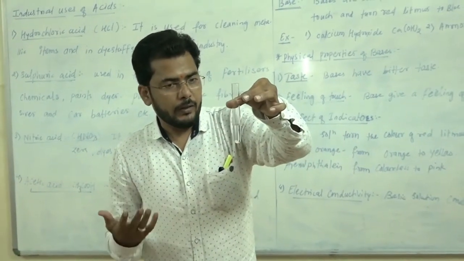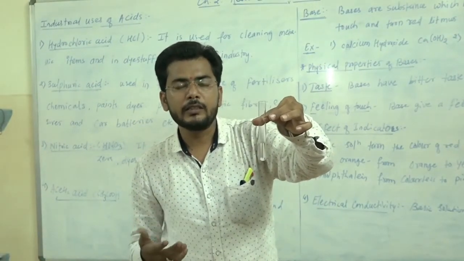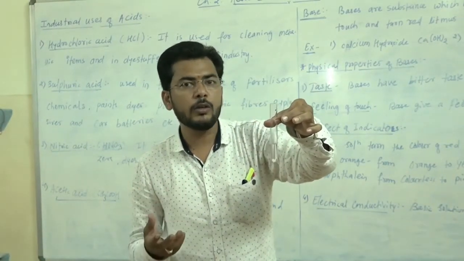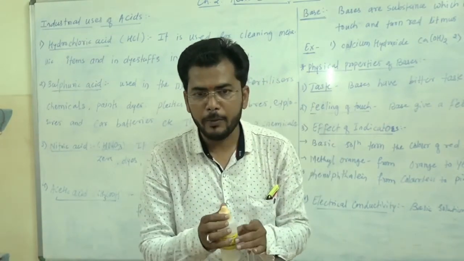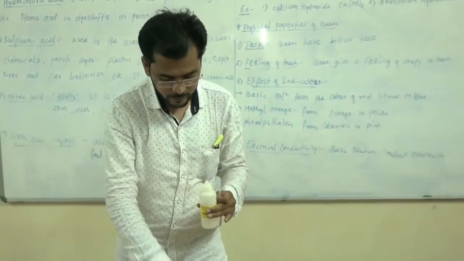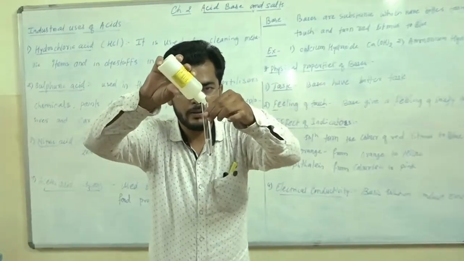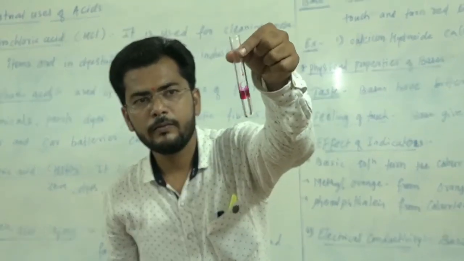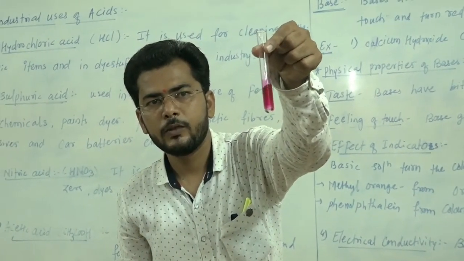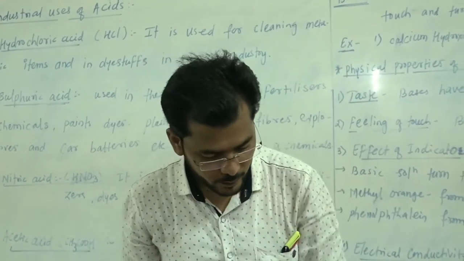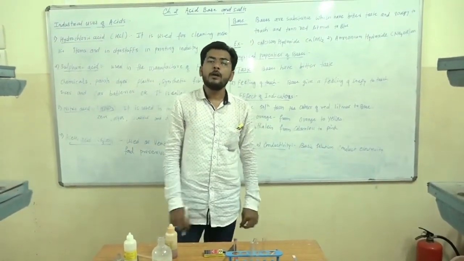If we are using phenolphthalein indicator and it changes from colorless to pink color, then we can say that it is a base. So we have phenolphthalein indicator and it will change its color into pink. Okay. So these are the effects of indicators on the base.